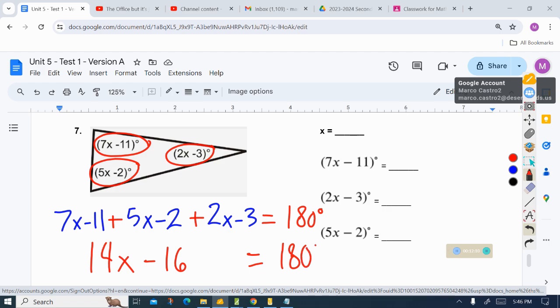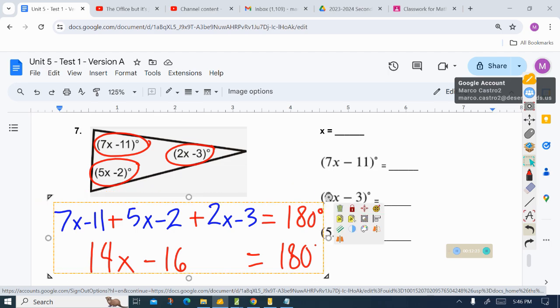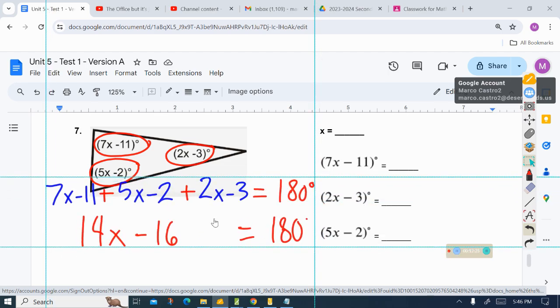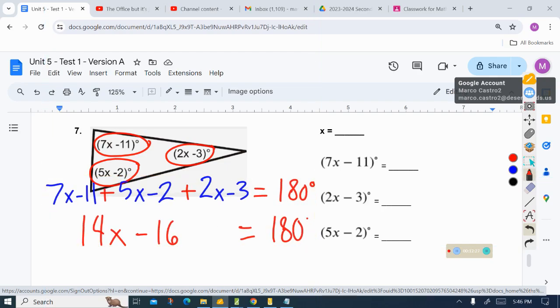So now what we would need to do is to basically add 16 to both sides of this equation and solve it. So let's go ahead and do that. Let me make a little bit of room. So right here, we now can add 16 to both sides, and we will end up with 14x equals 196.